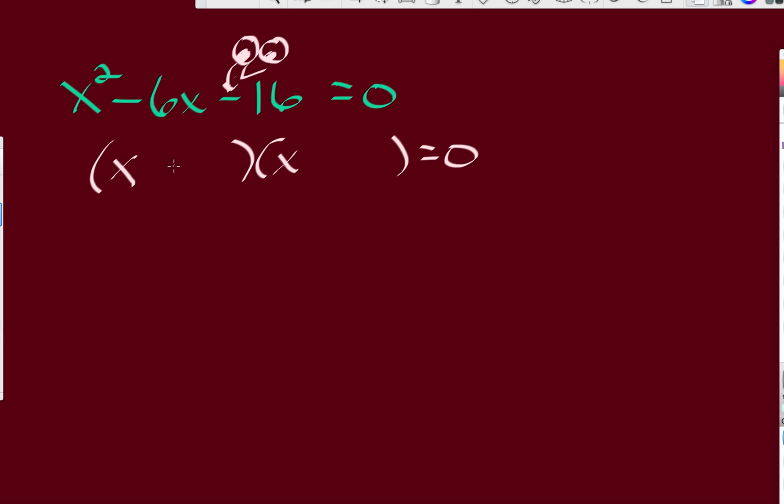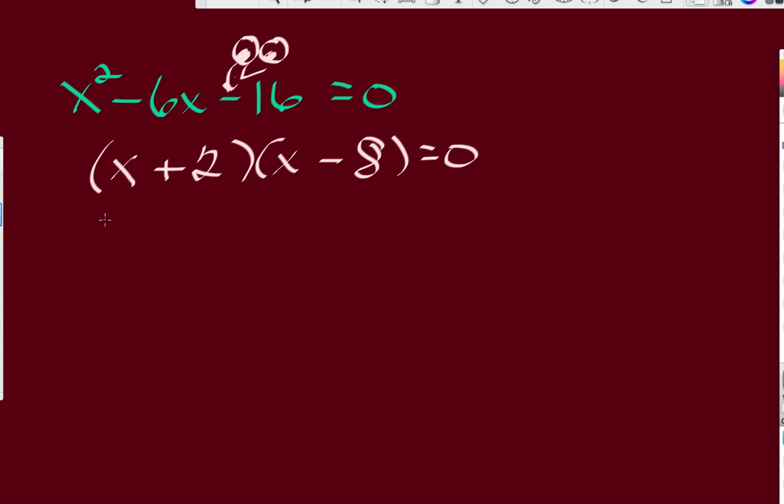I had already looked at this, and I said it's negative, so it's got to be one of each. That's cool. Factors of 16 whose difference is 6. Well, it can't be 16 and 1. Certainly can't be 4 times 4, because their difference is 0. So to me, it's got to be 8 times 2, and the 8 needs to be next to the negative. So the 8 is here next to the negative, and the 2 is here. And if we FOILed this out, that's exactly what we get.